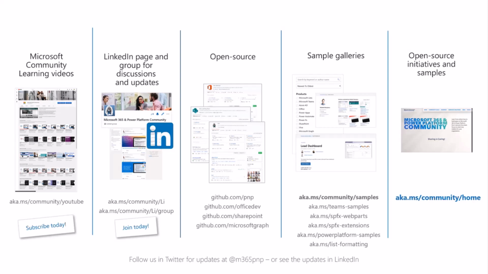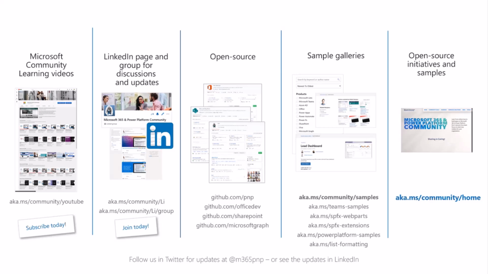We are in the process of onboarding even more people here, calling out Steve, who's saying, I want to have SharePoint Embedded samples here. Yes, we're working on that one. Definitely it's going to happen. The goal is one location where all of the relevant samples of Microsoft 365, and not just code samples, which we'll come back to a bit later today, are available.